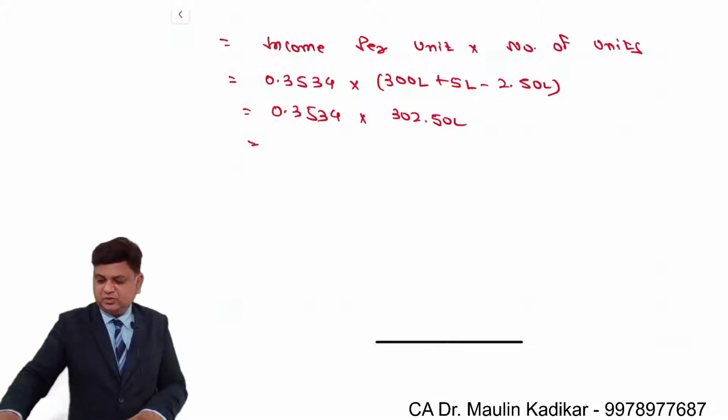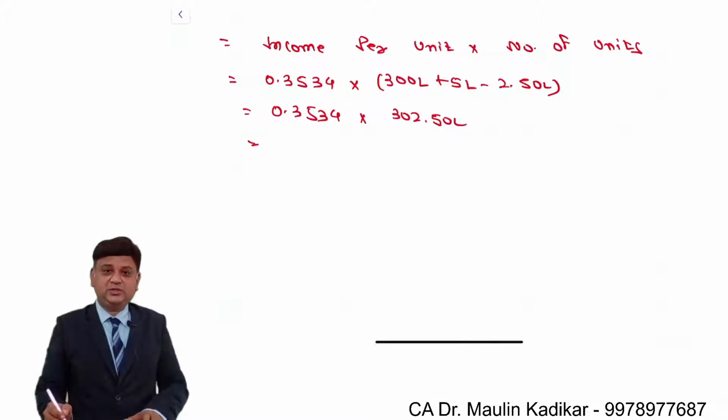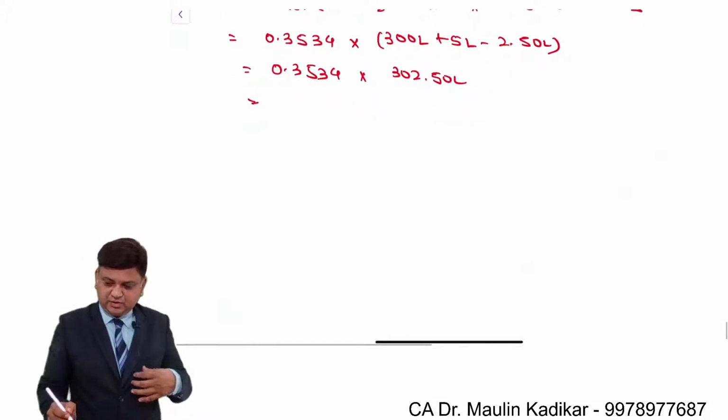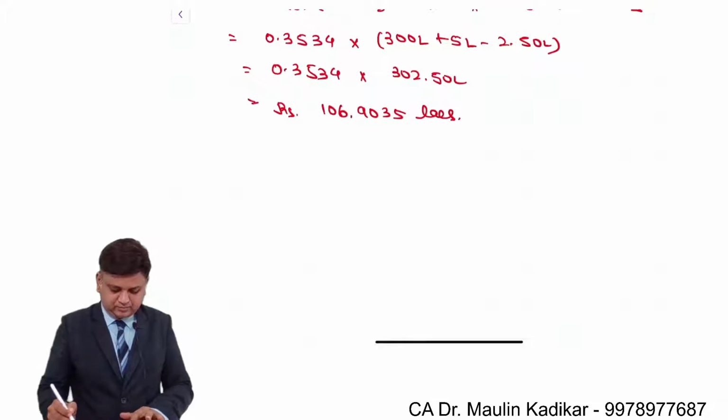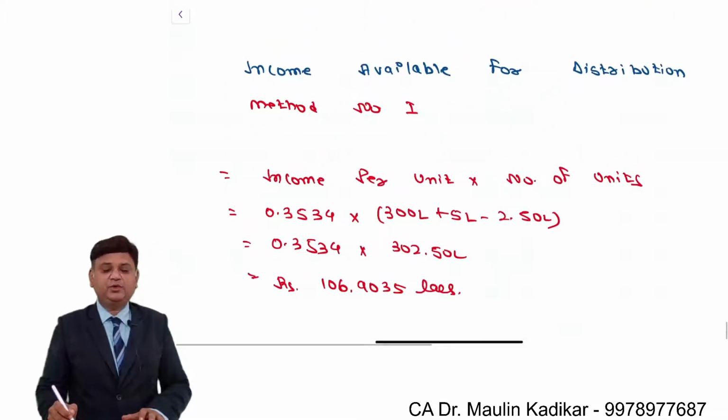So it is 302.5 into 0.3534, that is 106.9035 lakhs. This is the way we can compute the income available for distribution.